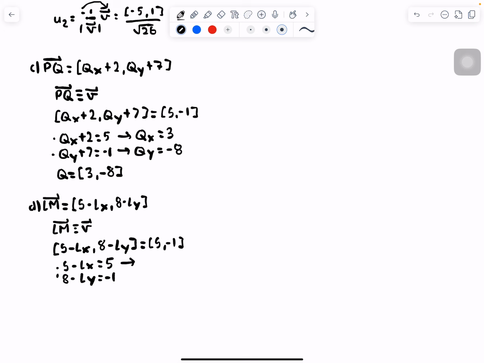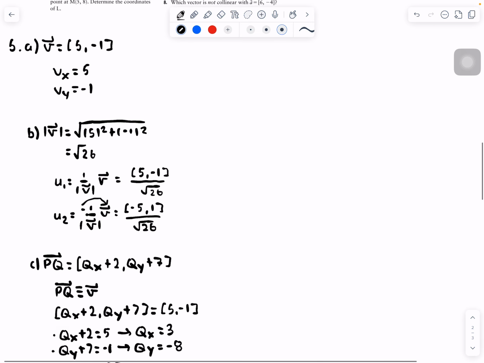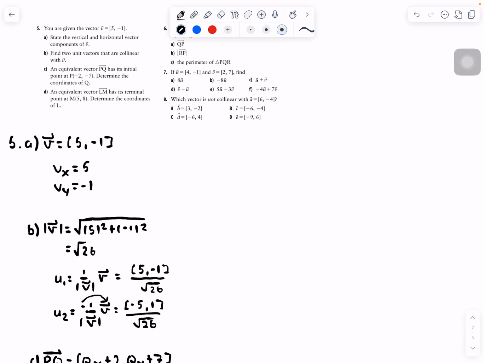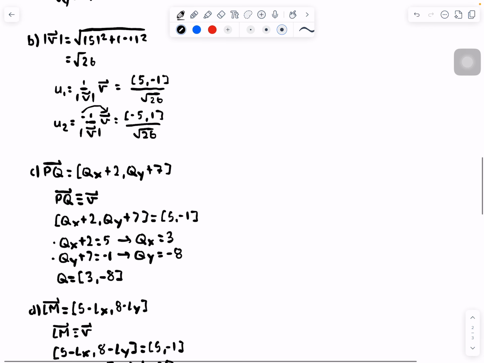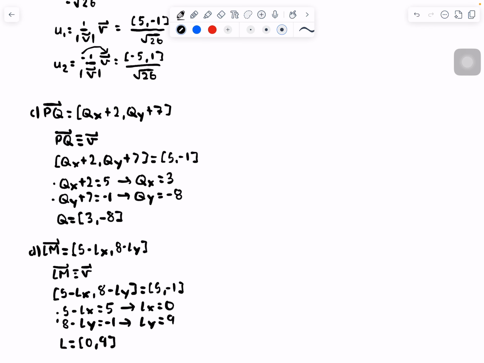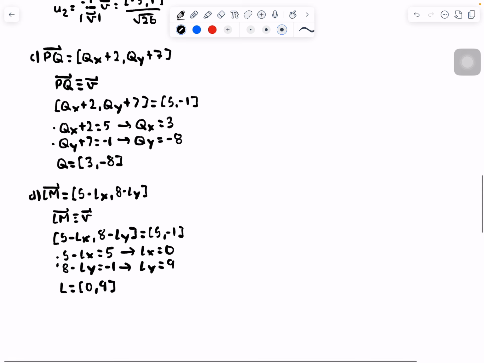That implies Lx equals 0, and Ly equals 8 plus 1, which equals 9. So then our L is (0, 9). Nice. Perfect. Or I guess it's not a vector in the sense, it's a point. So we found how to define the point Q in the Cartesian plane and how to define the point L in the Cartesian plane.